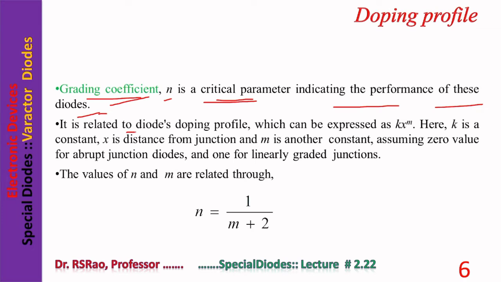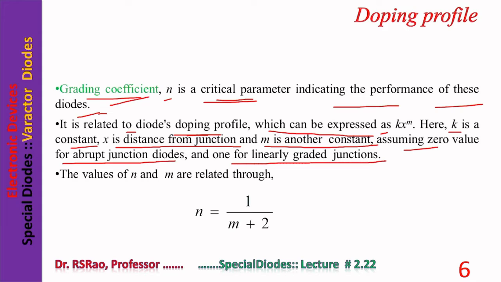It is related to the diode's doping profile, which can be expressed as K x power m. Here K is a constant, x is distance from junction, and m is another constant, assuming zero value for abrupt junction diodes, 1 for linearly graded junction. The values of N and M are related through N is equal to 1 by (M plus 2).